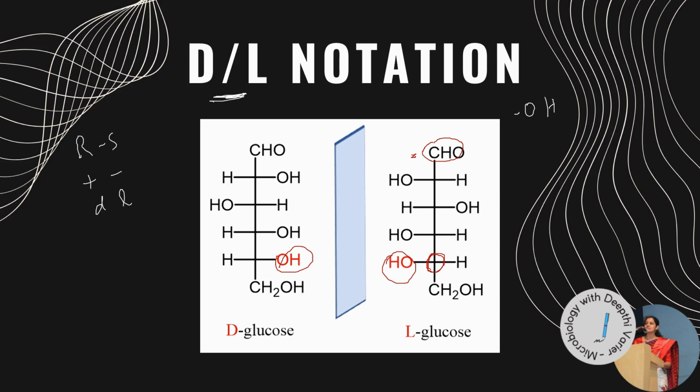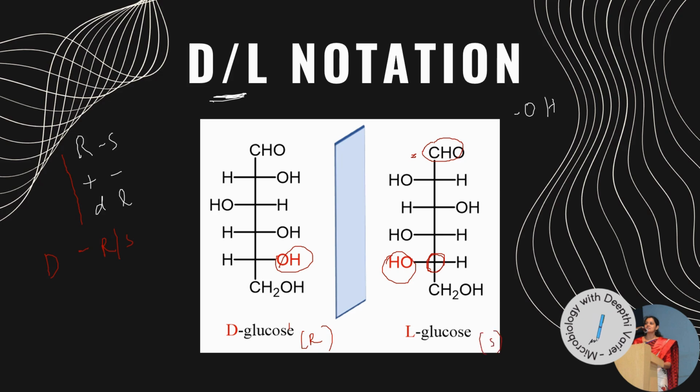Now the rules for RS notation, or plus minus, or DL with the small d and l, are all different. So we could have a D compound, for example, even in amino acids we'll be seeing this. We could have a D compound that can be either an R or S type of compound. So for open chain common sugars, usually the D-glucose configurations are R, and the L-glucose or L-chain sugars are usually S configuration.